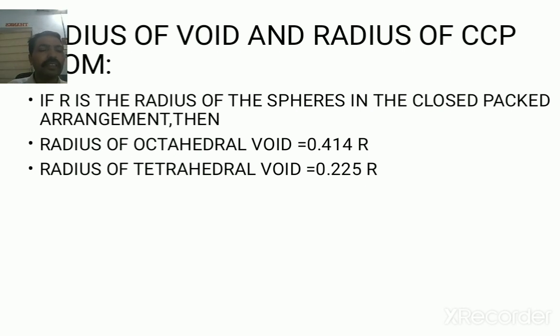We discussed packing efficiency in CCP or FCC arrangement, body centered cubic and simple cubic, and we also saw the radius ratio and the relation between capital R and small r.